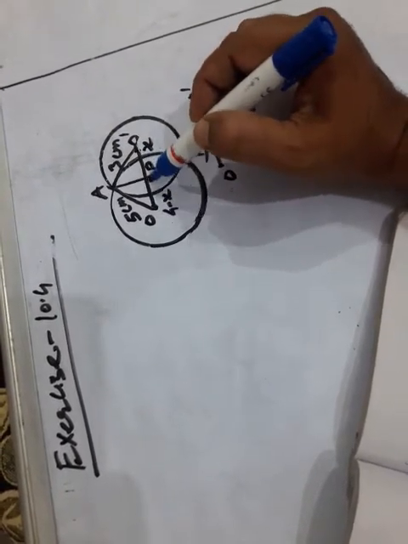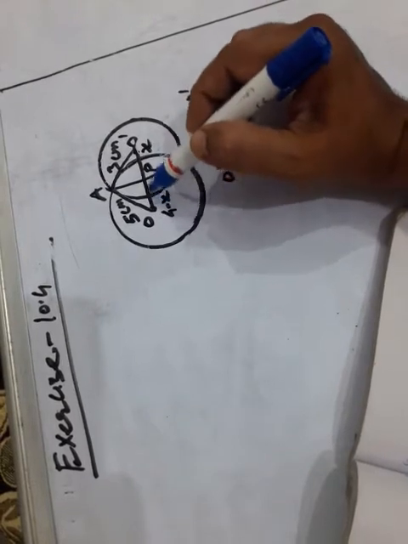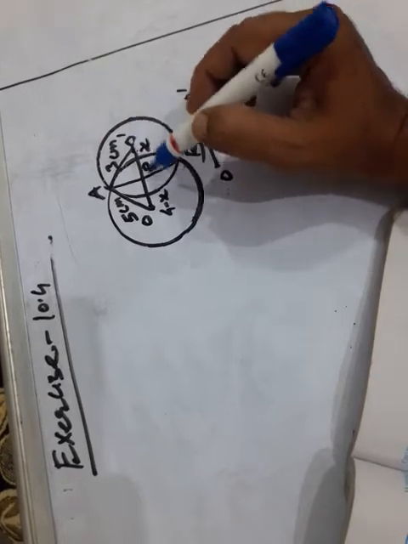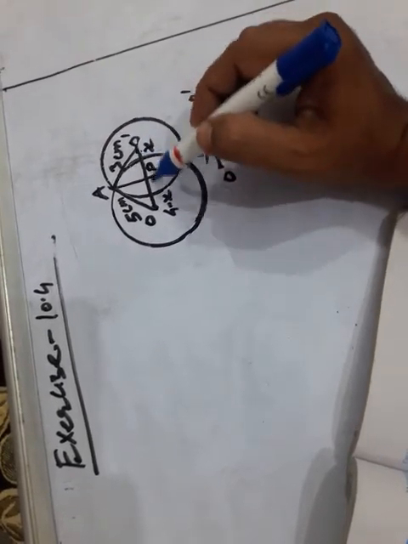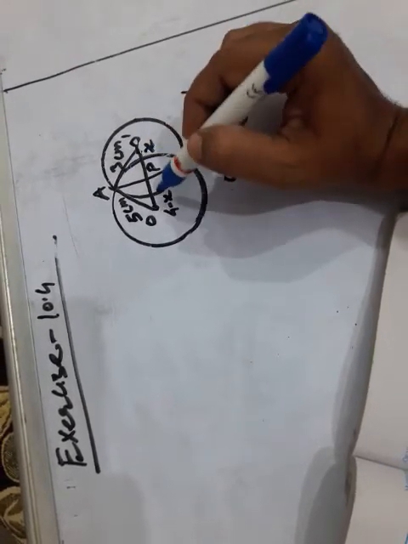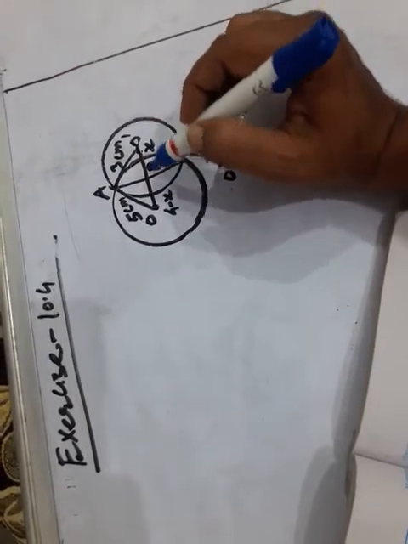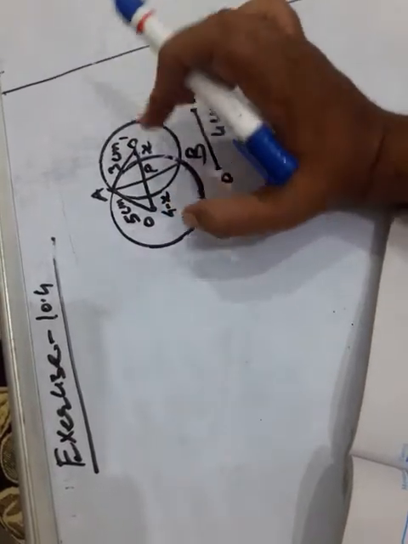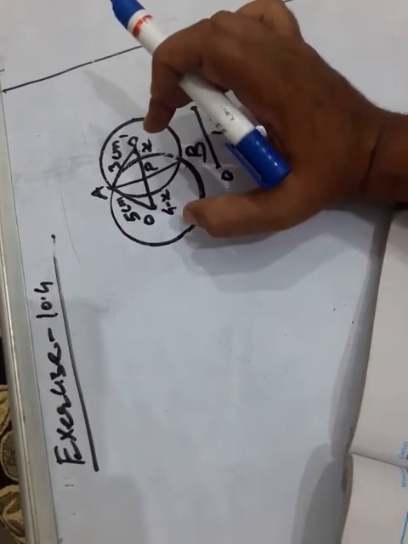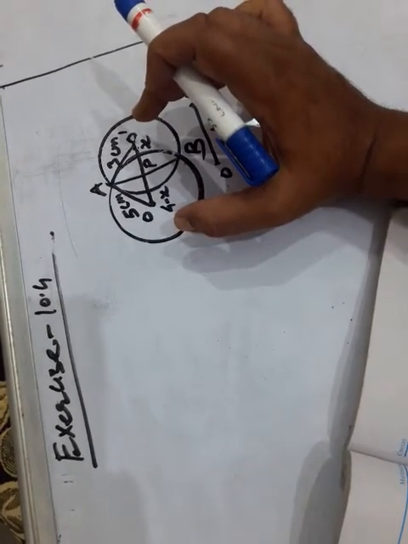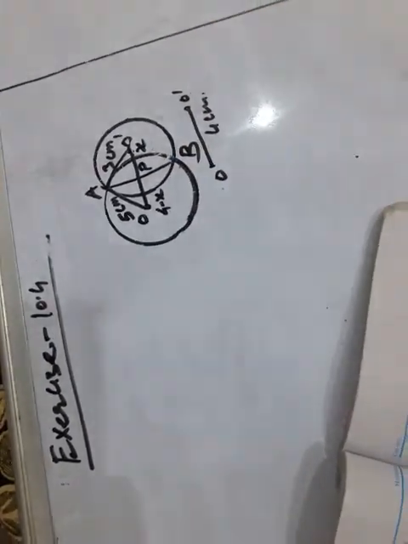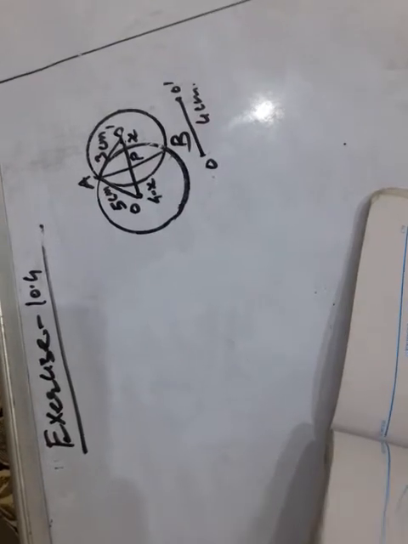The line segment joining the centers of two circles is the perpendicular bisector of the common chord. This is the concept, and we have seen this theorem in question number 3 of exercise 10.3.